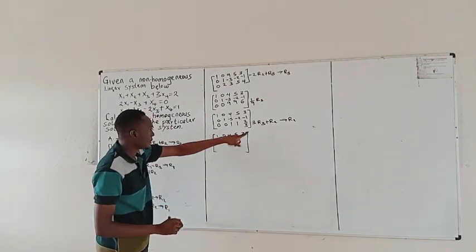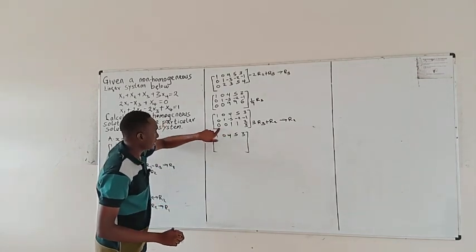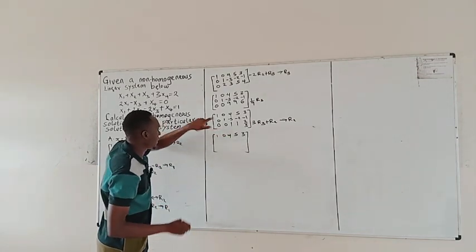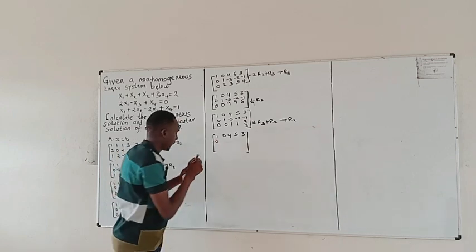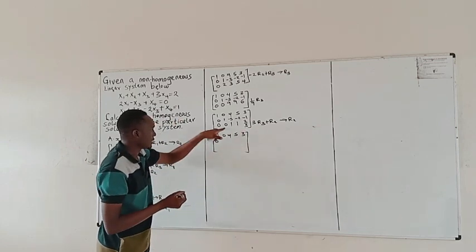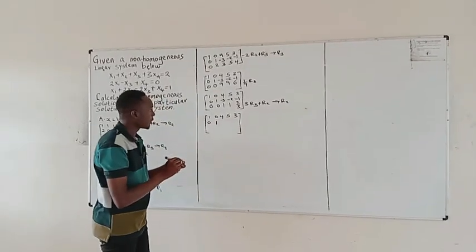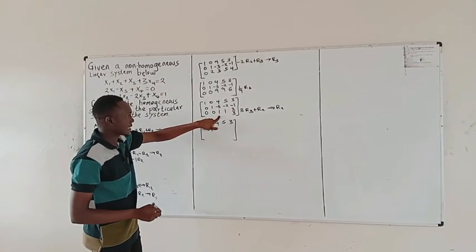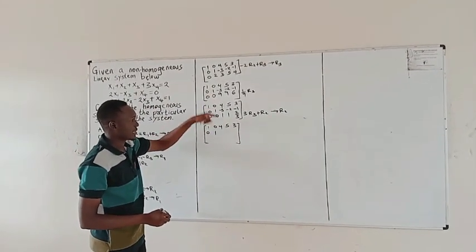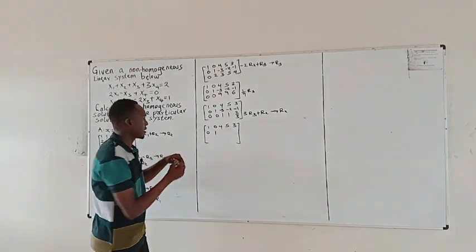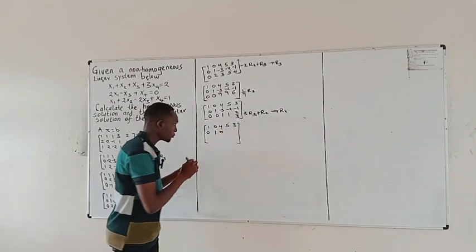Now our new row 2 will be 3 times 0, which is 0. 0 plus 0 is just 0. 3 times 0 is 0. 0 plus 1 is 1. 3 times 1 is 3. 3 plus minus 3 is the same as 3 minus 3, 0.